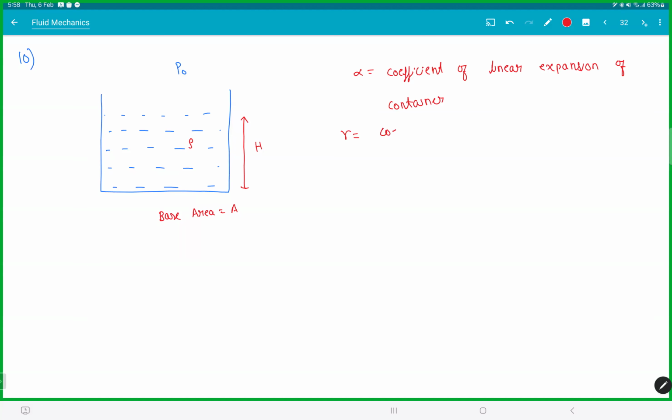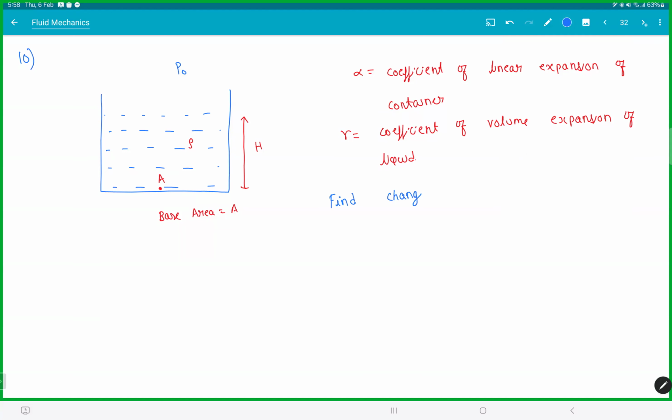Gamma is the coefficient of volume expansion of the liquid. This is point A. Find the change in pressure at A if the temperature changes by delta T.